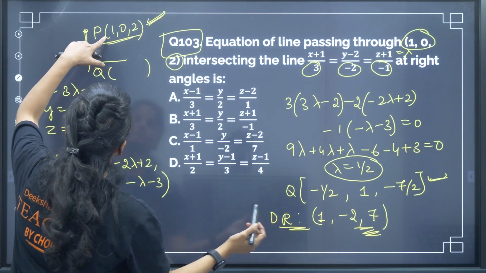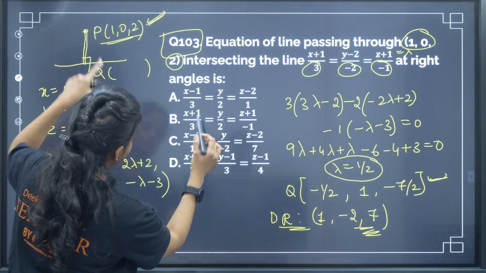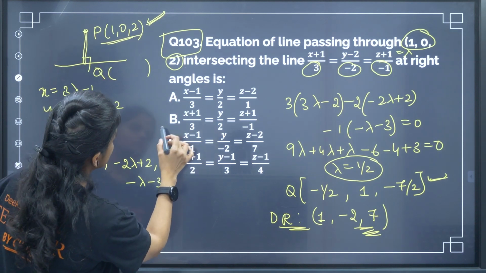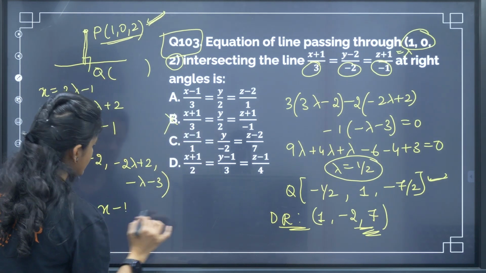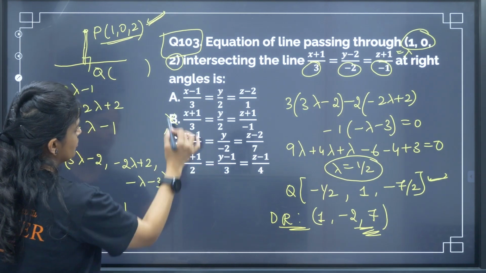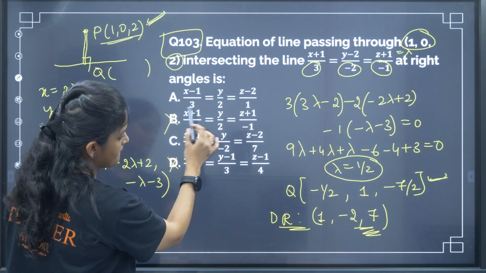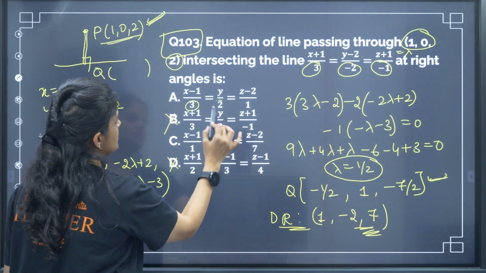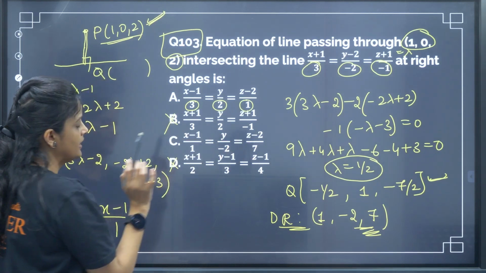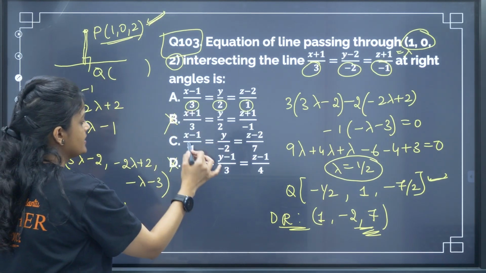So x plus 1 is ruled out. X minus 1 by 1, this is also ruled out. So the option is between A or C. Can we make out here? Yeah. This is 3, 2 and 1. A, B and D are gone anyway. A and C only.